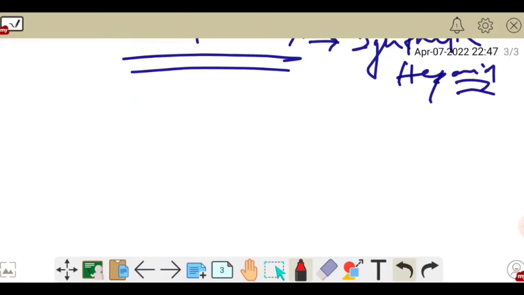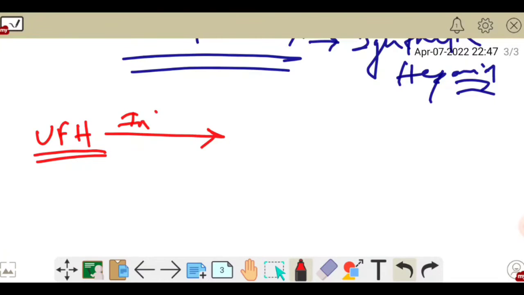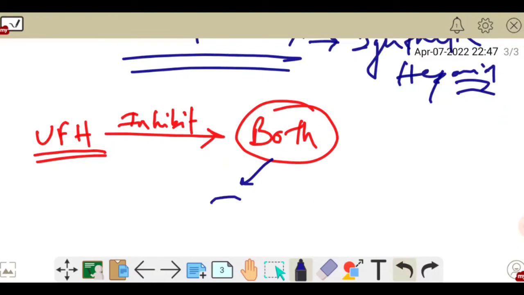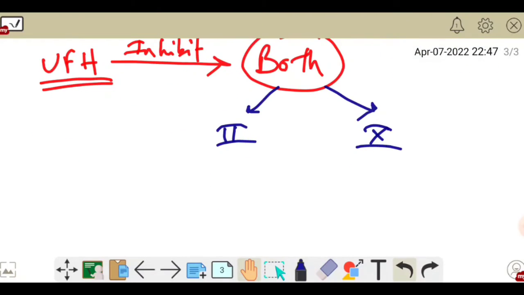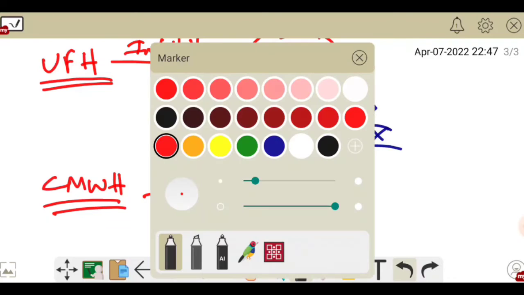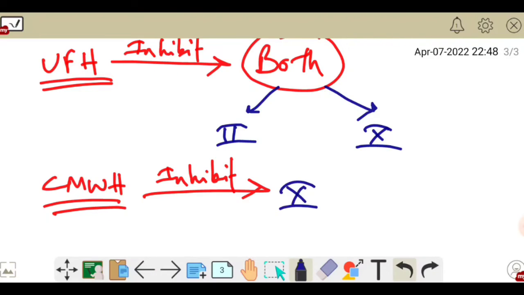Just remember one thing: unfractionated heparin inhibits both factor 10 as well as factor 2, but low molecular weight heparin only inhibits factor number 10.